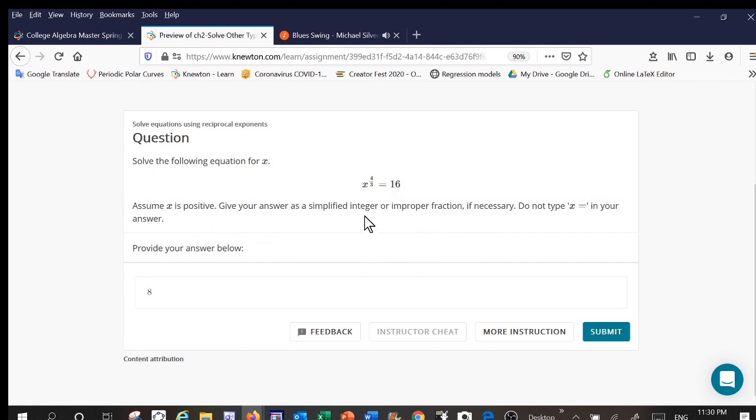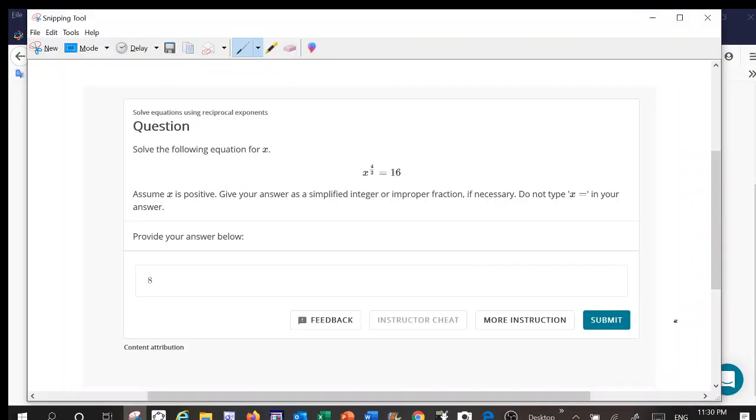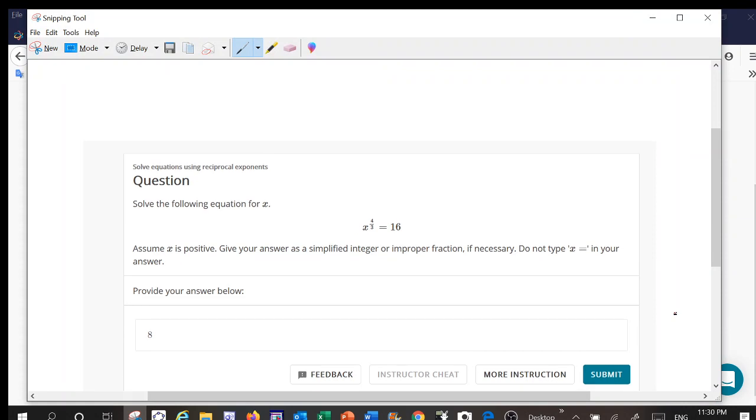In fact, I could tell you something about this section. Remember I told you not to use what? Let me explain this. I said if we have something like this, don't take the fourth root of both sides. Move this to this side and you have to factor.